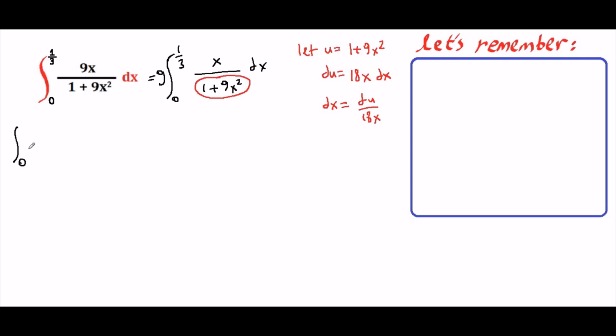Our integral goes from 0 to 1/3. We have 9 in front. x over u, because we said that it's u, and instead of dx, we have du over 18x. Here x is canceled out, and we have 1 over 18 that we can pull in front. So it will be 9 over 18, which is 1/2.